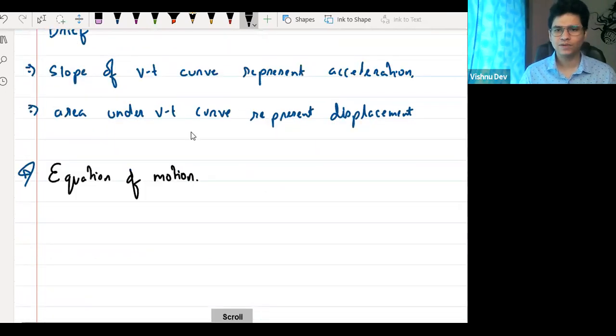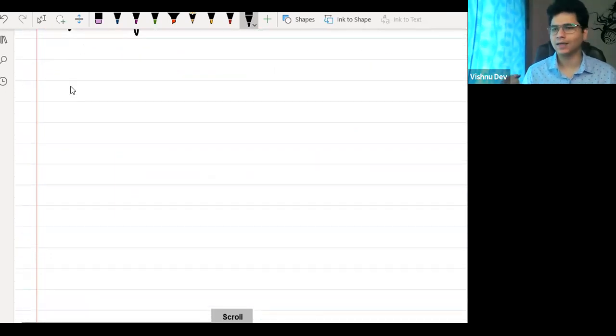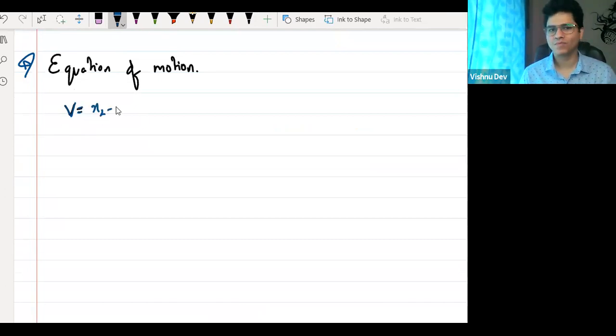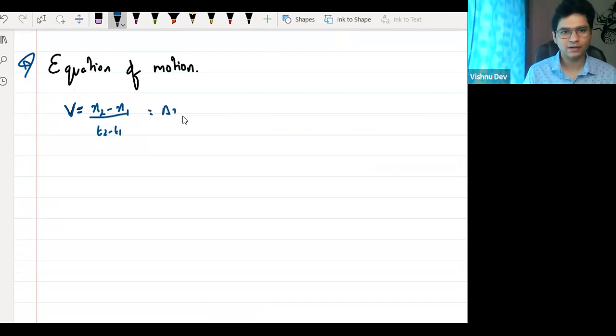ठीक है? Right? So let us think, let us observe first. What is velocity? Let us write the formula first. So it is x2 minus x1 by t2 minus t1, or it is delta x by delta t, or it is basically x by t also, right?